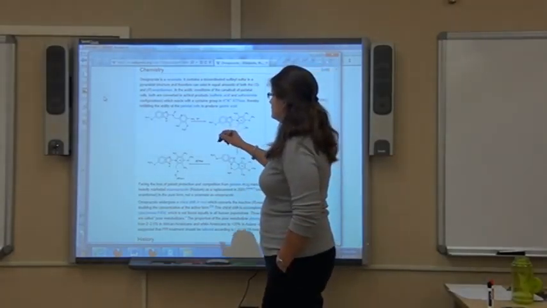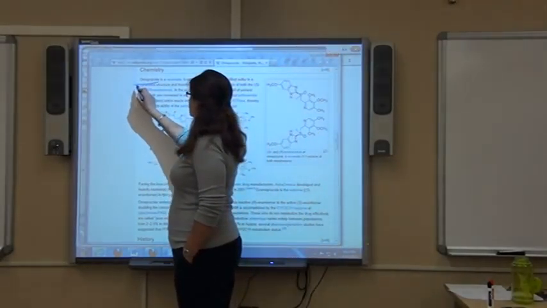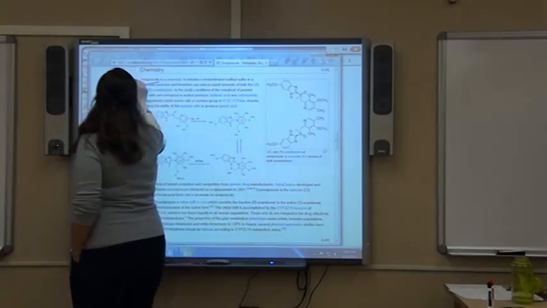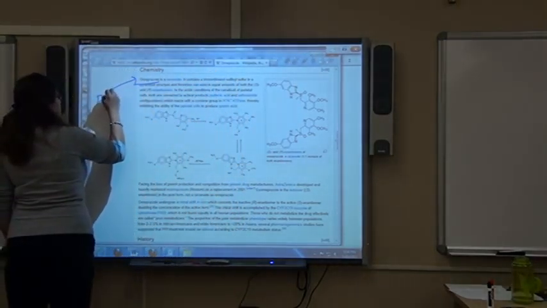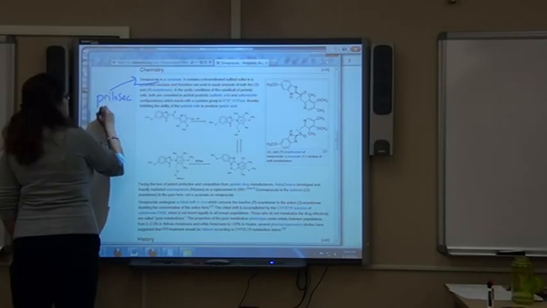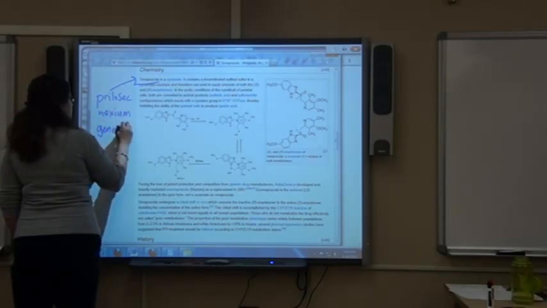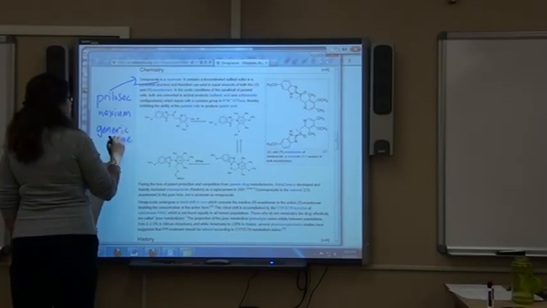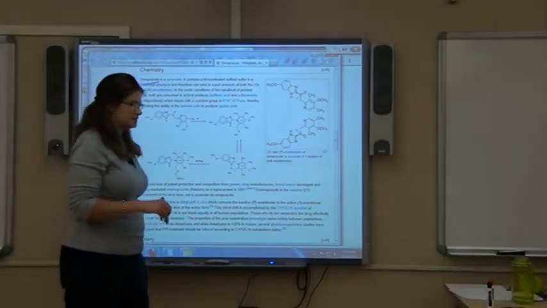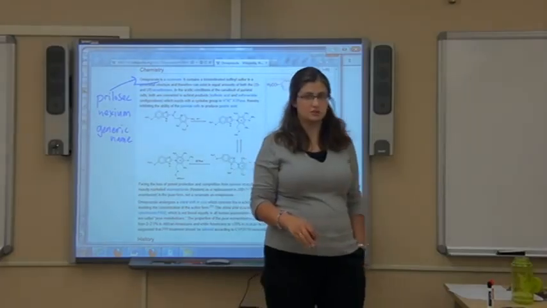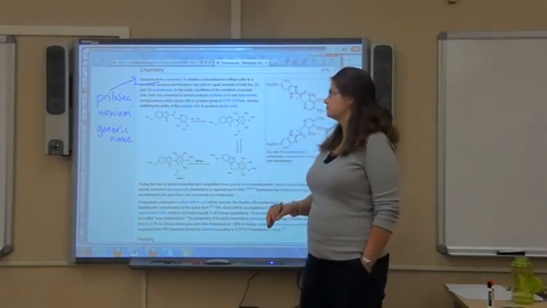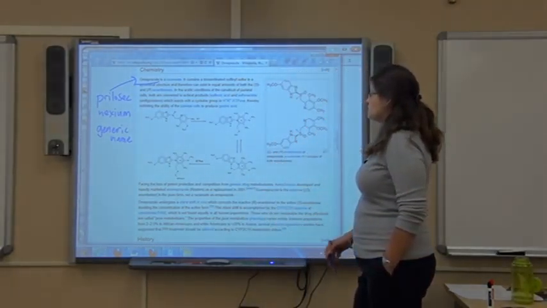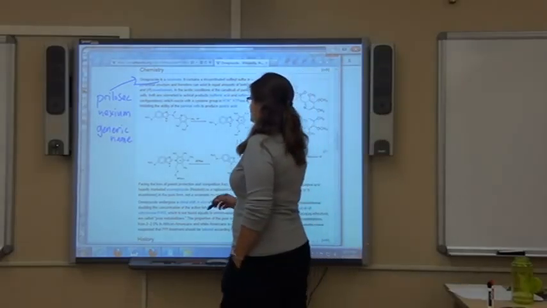Omeprazole, this is the generic name of Nexium and Prilosec. I'm sure you guys are very familiar with omeprazole. You probably see this a lot. A lot of your patients are probably on omeprazole. Omeprazole is what is called a racemate.